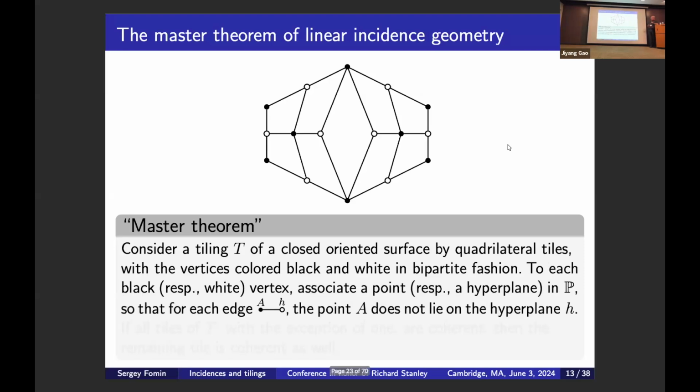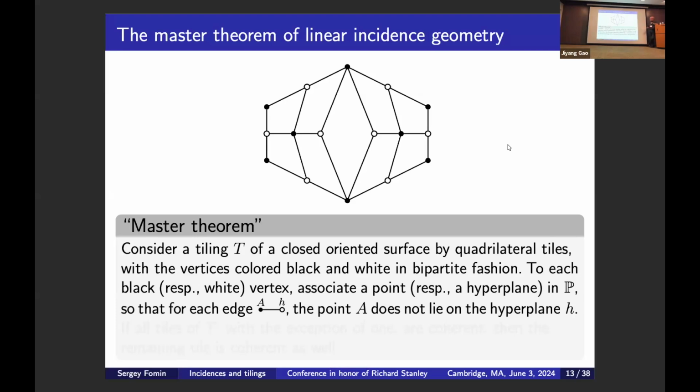Okay. Now, we associate to every black vertex a point in our projective space. We associate to each white vertex a hyperplane in our projective space. And we require that none of these points lies on any of these hyperplanes, let's say.